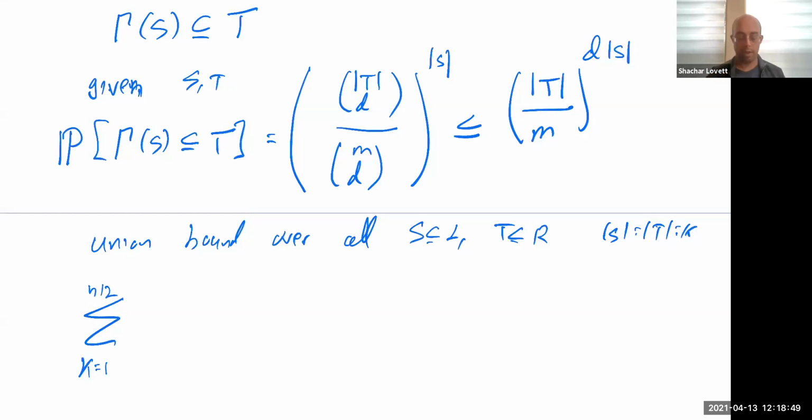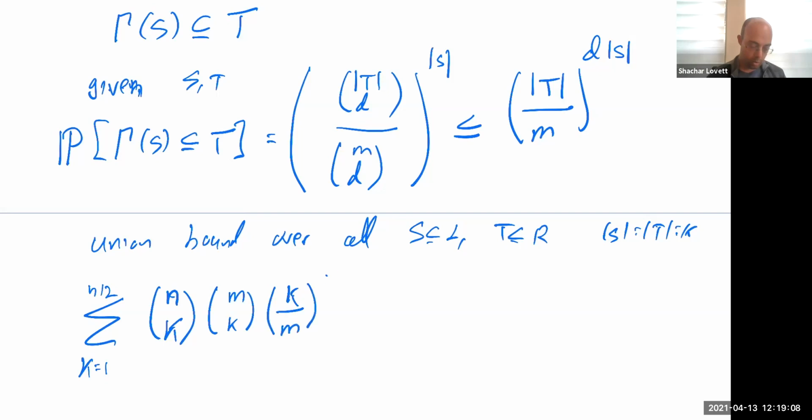How many options do you have for S? n choose k. How many options do you have for T? m choose k. And now what's the probability that all the neighbors of S lie in T? Which is what we wrote here, (k over m) to the dk.